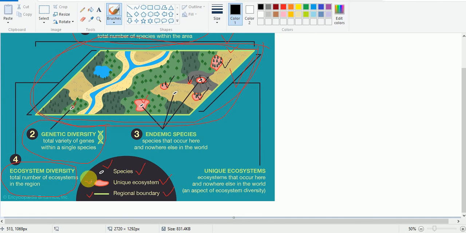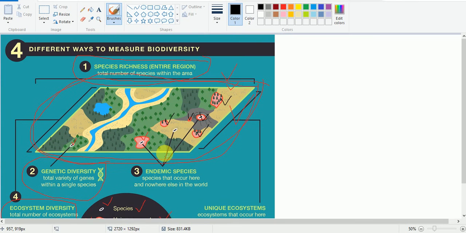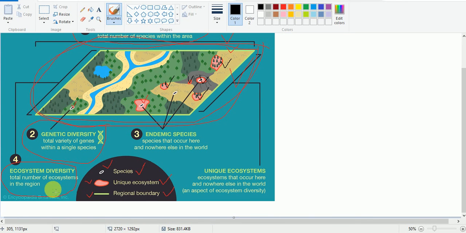Remember, ecosystem diversity means, this is the summary, total number of ecosystems in the region. How many ecosystems are there in a region? That is what I call ecosystem diversity.